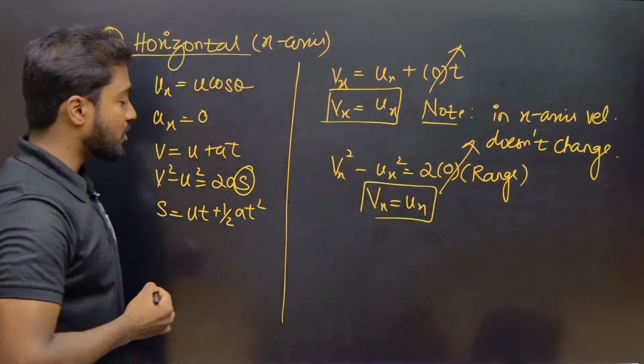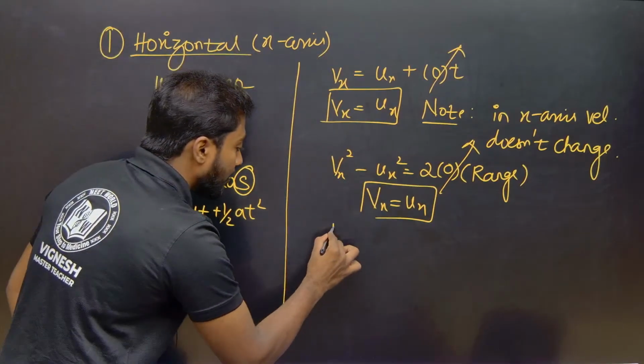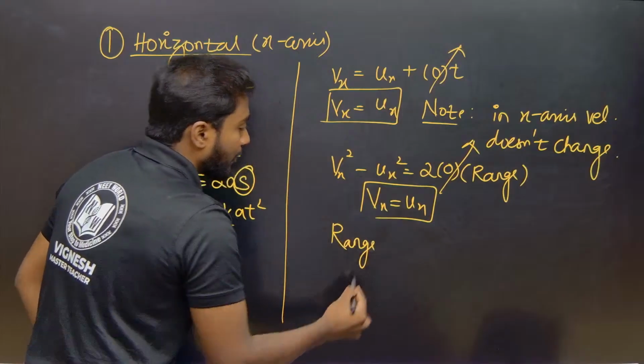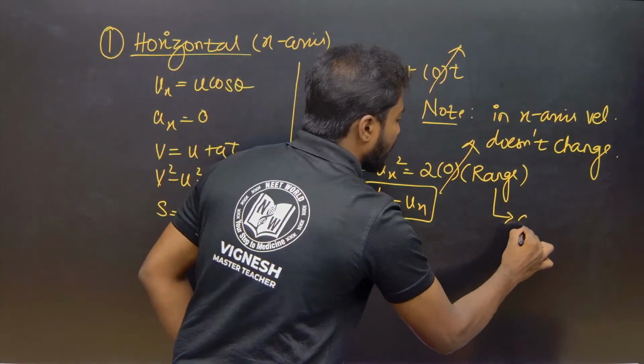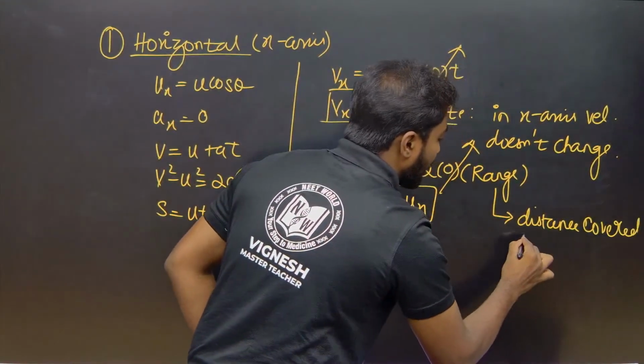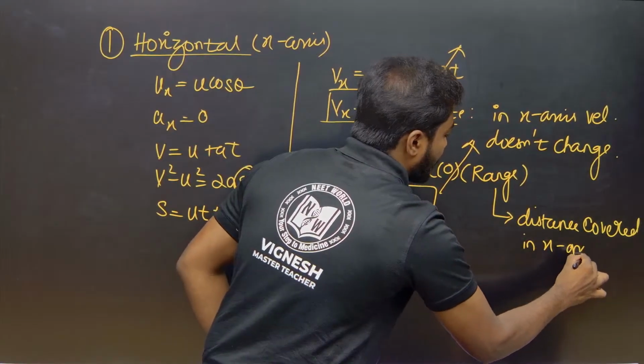Now the third equation. It is the distance covered in the x direction, range. Range is nothing but distance covered in the x axis.